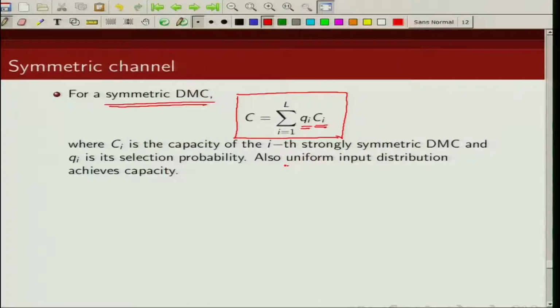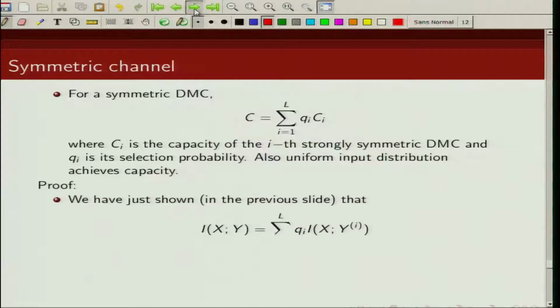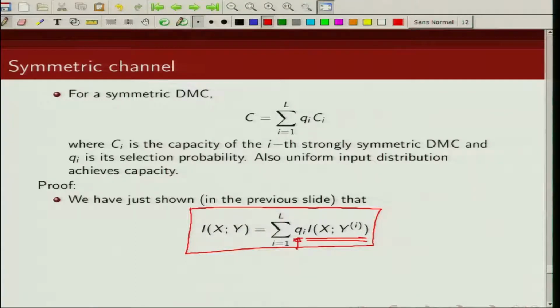And it is the uniform input distribution that will achieve capacity. The proof is very straightforward, once we have established that the mutual information between x and y can be written as summation of mutual information of these individual discrete memoryless channels multiplied by their selection probability.